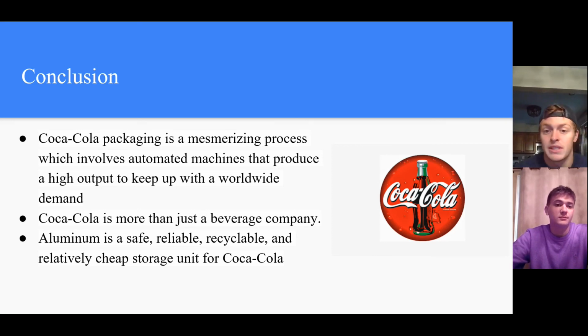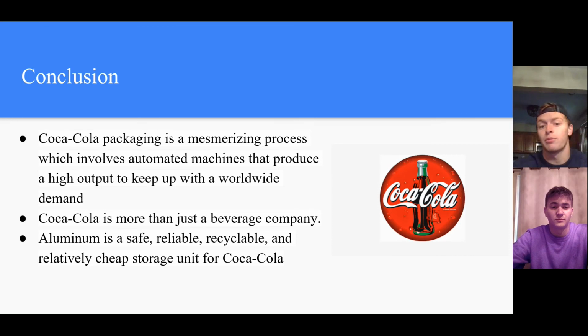And then aluminum is a safe, reliable, recyclable, and relatively cheap storage unit for Coca-Cola. Comparing it to the other methods, I'd say aluminum is the most durable and cost-efficient way to manufacture Coca-Cola product. They have a bunch of means of doing so, but their reasons behind it could be the aesthetic, environmental issues, anything.